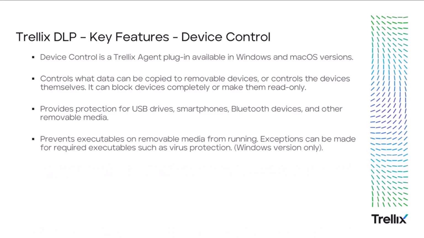We could also prevent executables from running on removable media devices, which could potentially be malicious files. We can also add exceptions on the rules if you have virus protection enabled. I could show you an example of how it can be blocked with a file access rule. Let me show you with an example now.